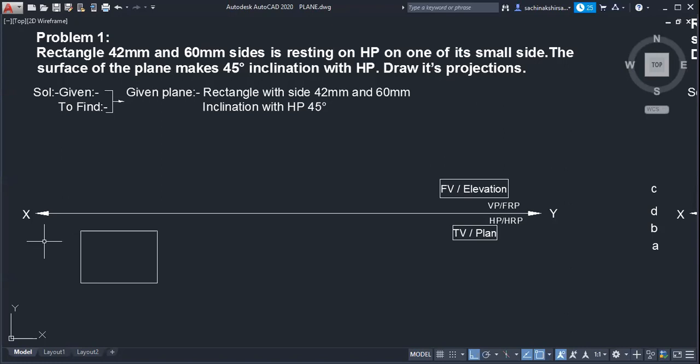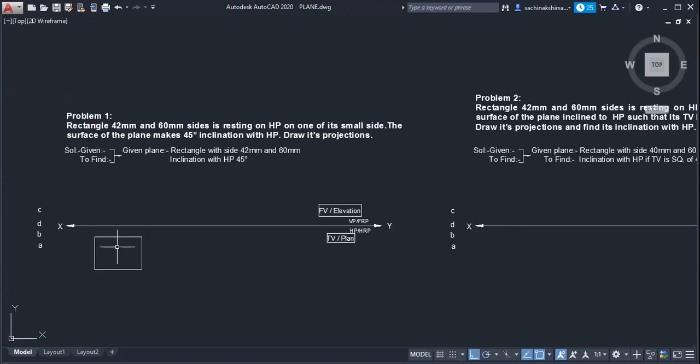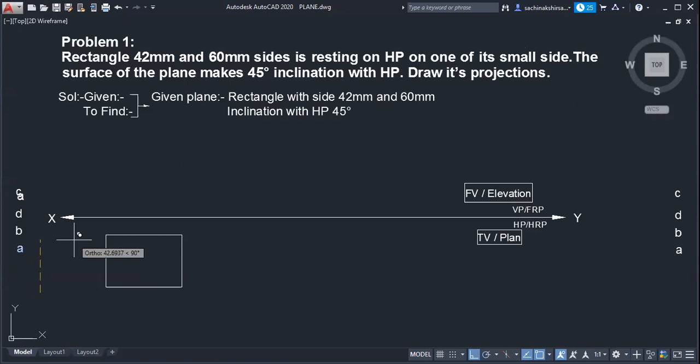Are you drawing with me? Yes, sir. You can draw this by keeping some space. A little space you can keep here, and you can draw. So let us give names to this plane again.